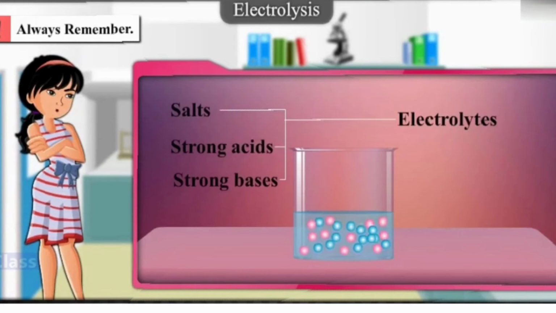So children, we can increase the conductivity of water by just adding a pinch of salt or a few, 4-5 drops of acid or base. Now what happens is, due to it the dissociation takes place and the electrolysis of water will take place.